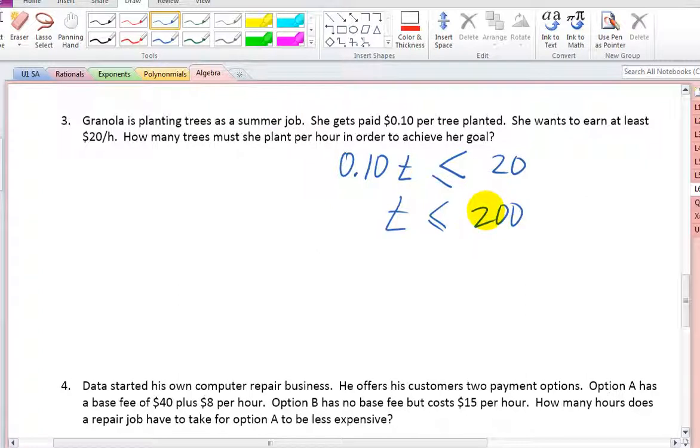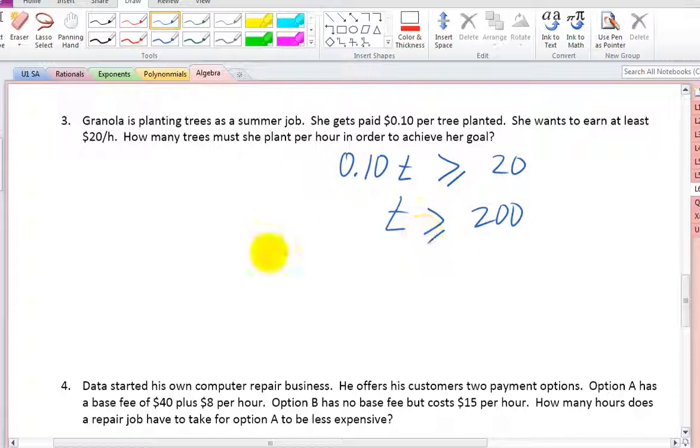So why did I screw that up? Well, it says that T can be less than 200. If she plants less than 200 trees, is she making 20 bucks an hour? No. So she actually wants this number to be larger. So that's why I screwed it up. So you think about your answer too, right? That's going to help you in case you make a sign mistake like I did.